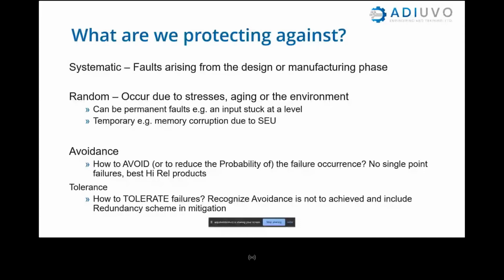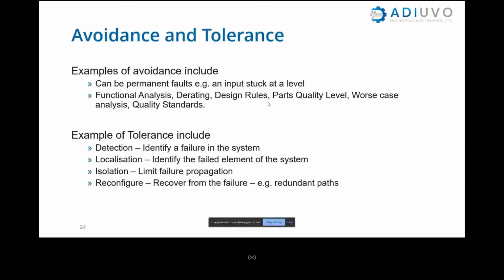So let's take a look. Examples of avoidance include doing functional analysis, doing derating analysis to make sure that our components aren't stressed, looking at design rules check, doing worst case analysis, and pulling through those worst case standards.